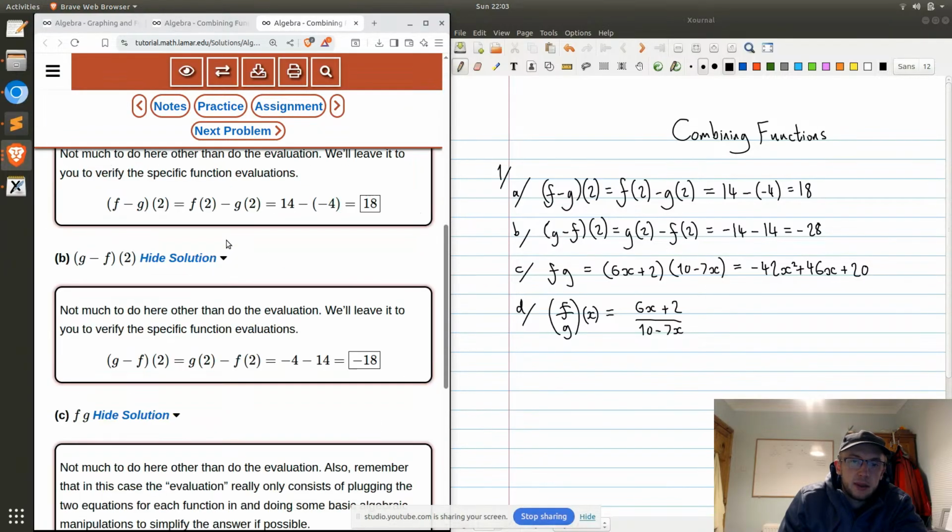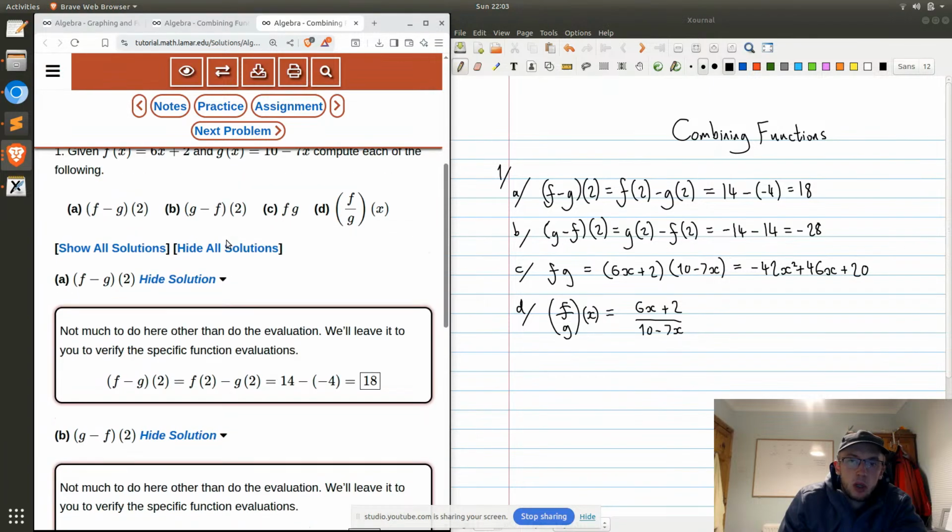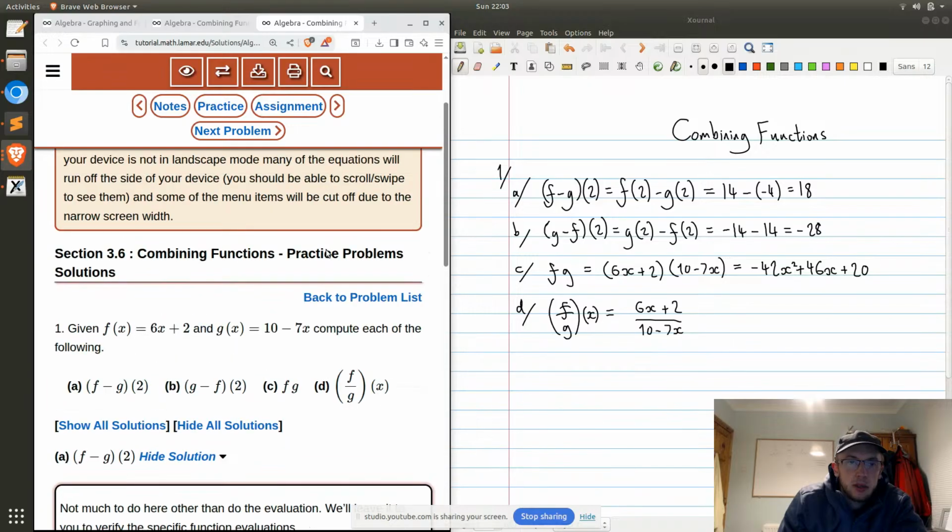So 18 is correct. Oh no. Oh, right. Uh-oh. I made a mistake. g of 2 was negative 4. Shame. All right. That's right. It's even right there.